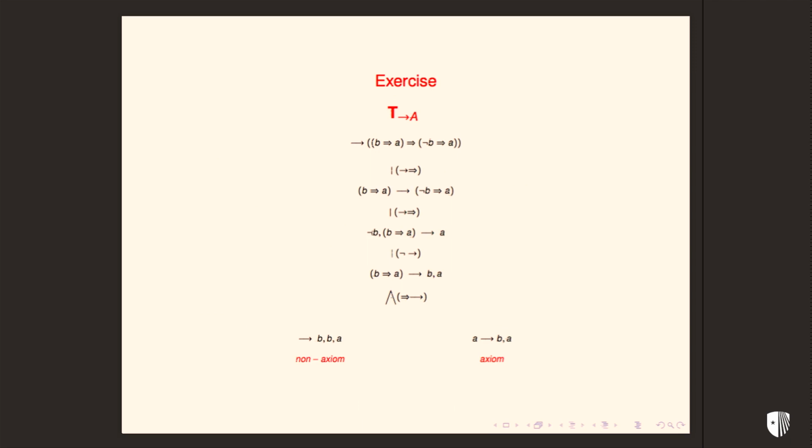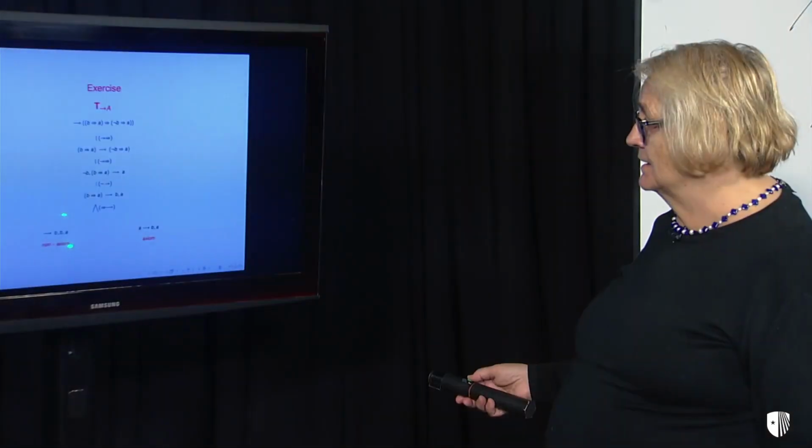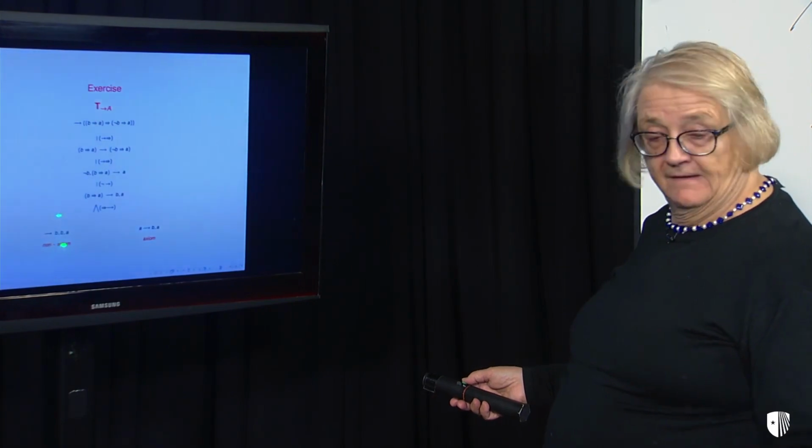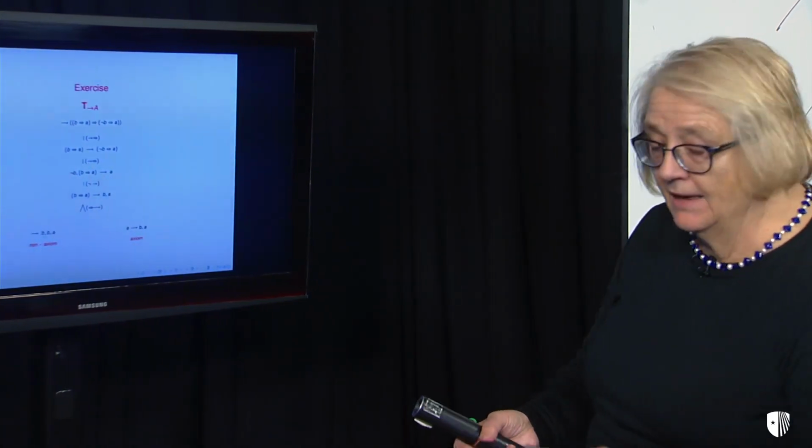So here is your tree, and here's the non-axiom leaf. Now, what does it mean that we have to put that sequent into F?